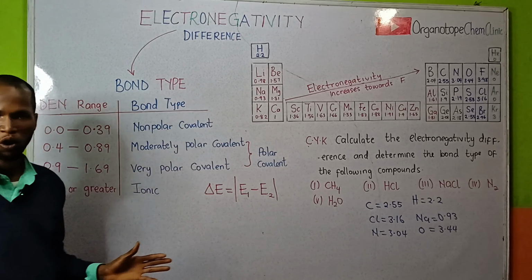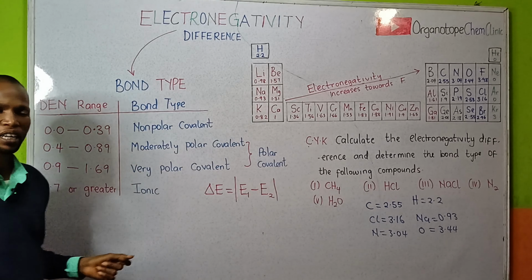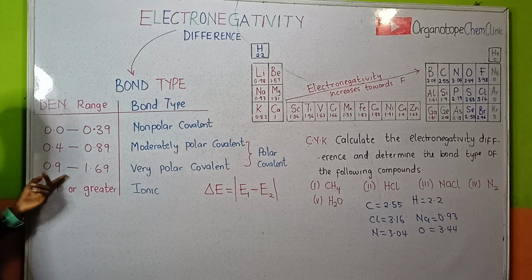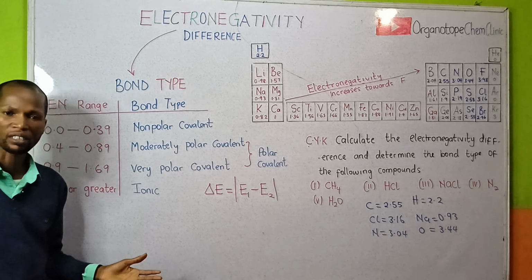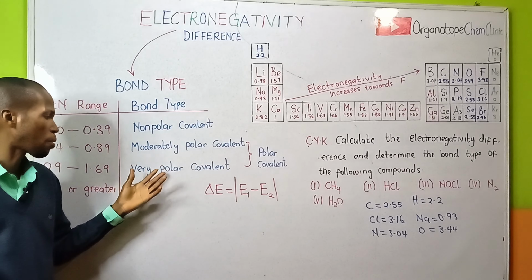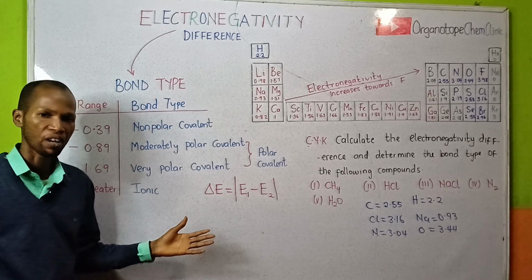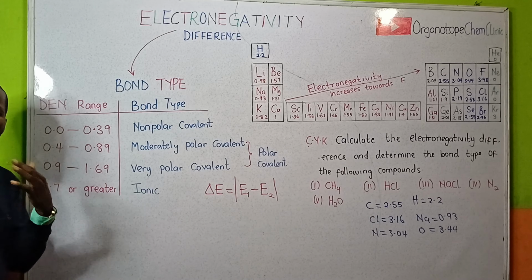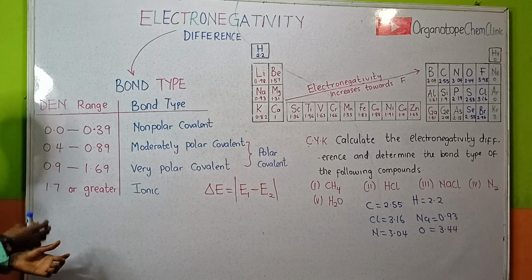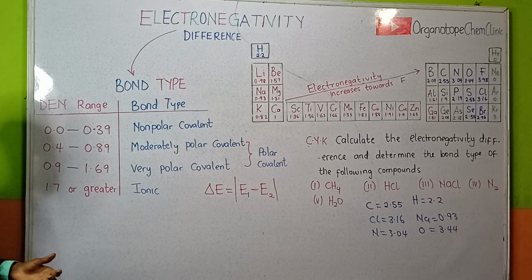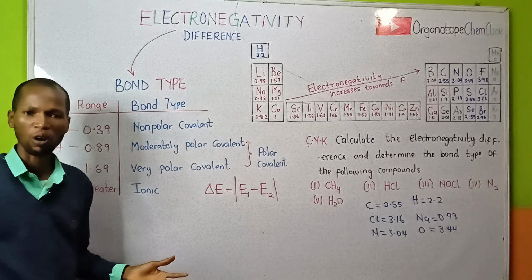Moderately polar covalent. When the electronegativity difference results to value ranging between 0.9 to 1.69, the bond type is said to be very polar covalent.